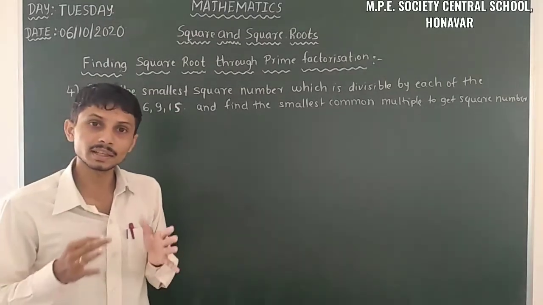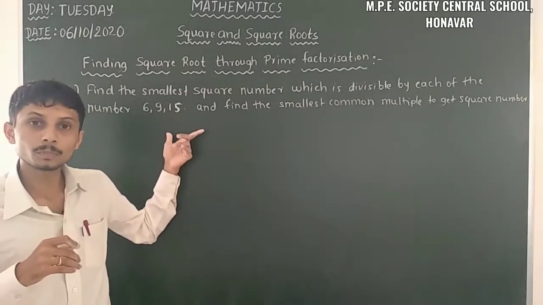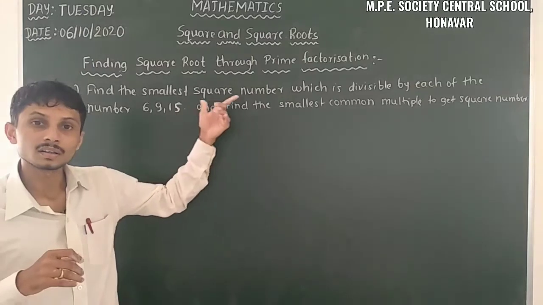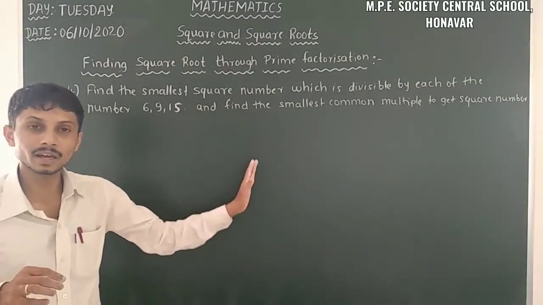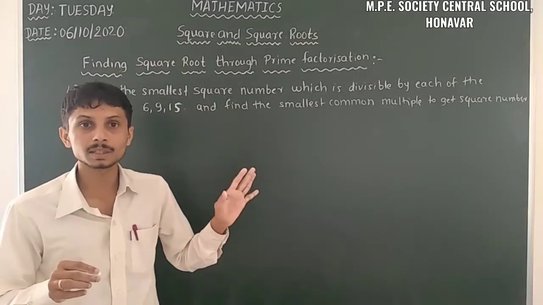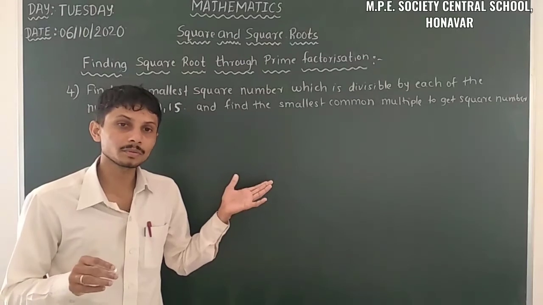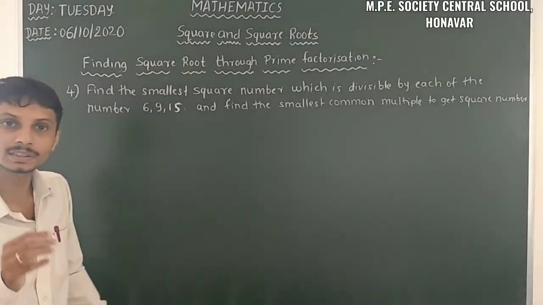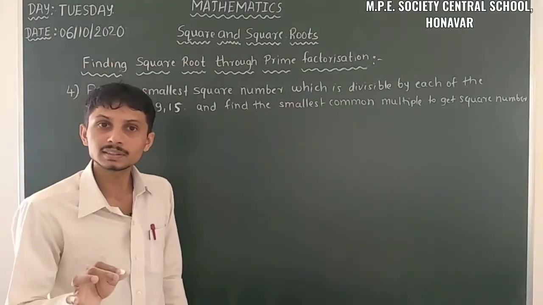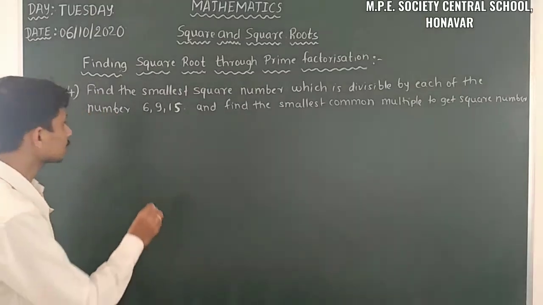But here we have to find the number that is divisible by all these three numbers. That's why we take the least common multiple, that is LCM. So what is the LCM of 6, 9 and 15? The least number which is divisible by these numbers, we have to calculate the LCM here.